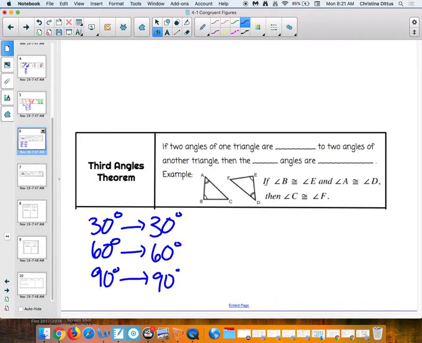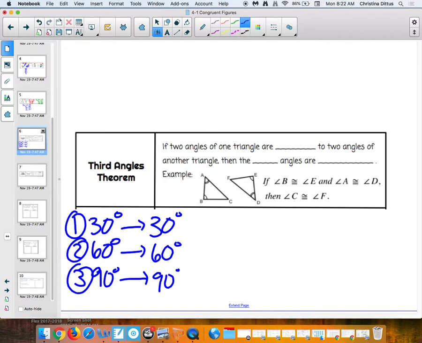So if two angles of a triangle match, your third one has to match. Because no matter what triangle you have, it has to equal 180. So if two of them match, and you subtract from 180, no matter which one you subtract from, you're left with the same number. Okay?